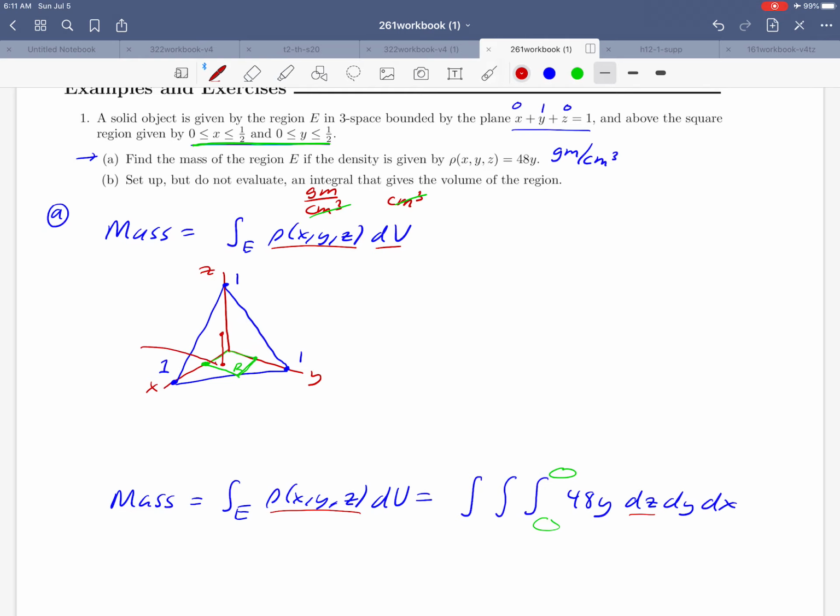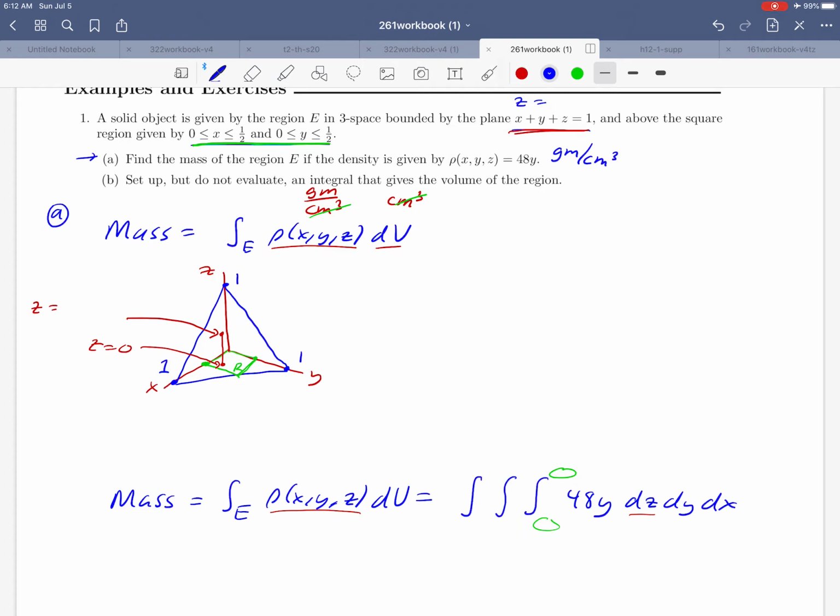Well, we can see from the picture that z is equal to 0 on the bottom. That's a flat plane at the bottom. And what's z equal to at the top? Remember that the top of our region is formed by this equation up here. So all we really have to do is take that formula and solve it for z.